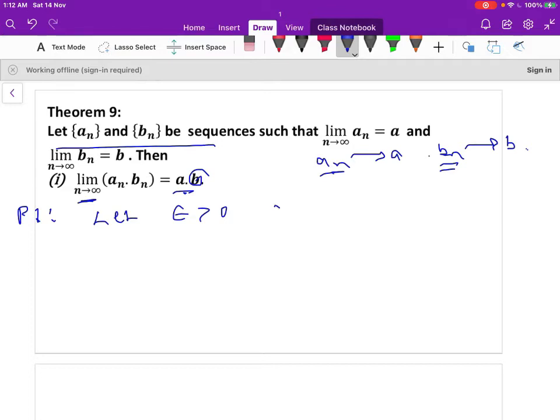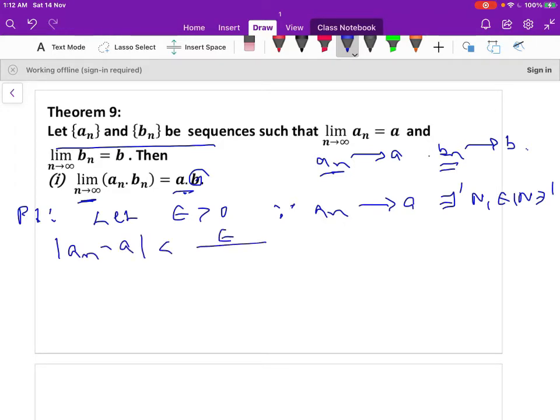Let epsilon be positive, be given. Since a_n converges to A, there exists n1 belonging to the natural numbers such that modulus of a_n minus A is less than epsilon by 2 times (1 plus modulus of B) for all n greater than or equal to n1.